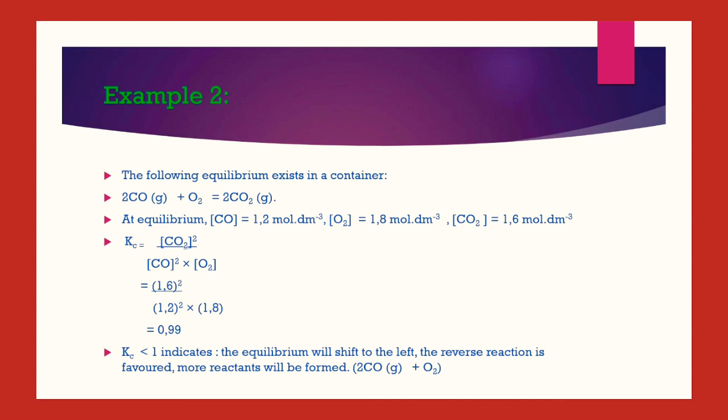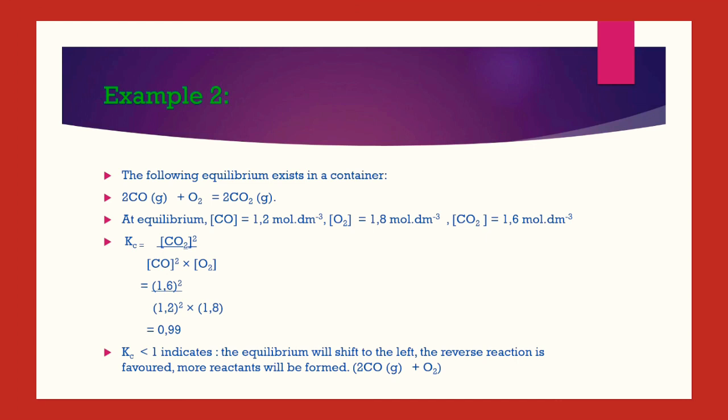When substituting the values, you don't put square brackets, you put ordinary brackets. Kc equals, in brackets, 1,6, close the brackets, raised to the power 2, over, in brackets, 1,2, close the brackets, raised to the number of moles 2, multiplied by, in brackets, 1,8, close the brackets, which is equal to 0,99.